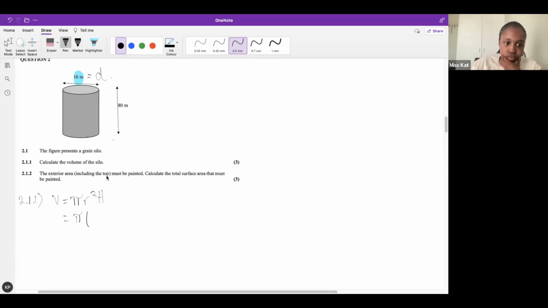I'm going to divide it by 2. Radius is diameter divided by 2, which is 16 divided by 2, which is 8. So it's actually pi times 8 squared. And what's my height? It's 80.